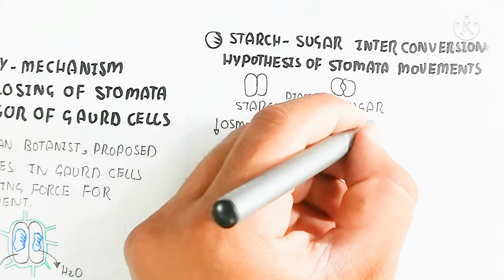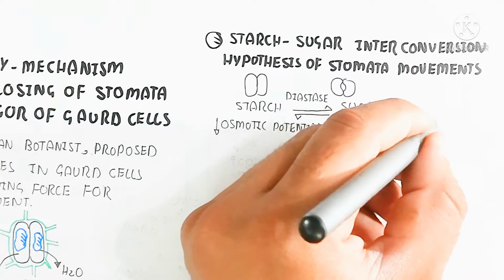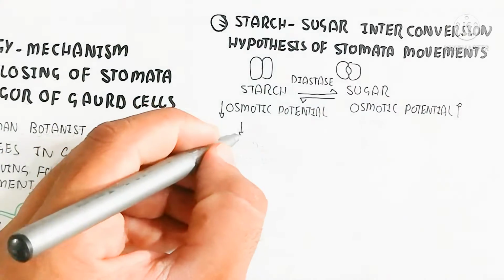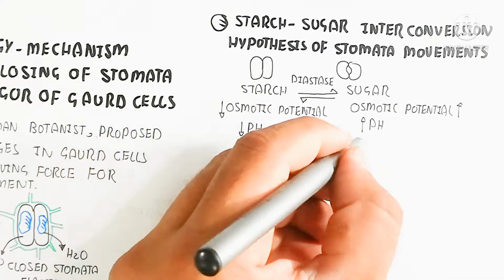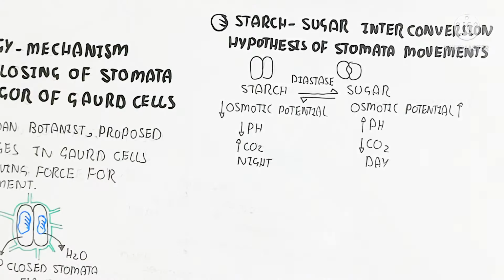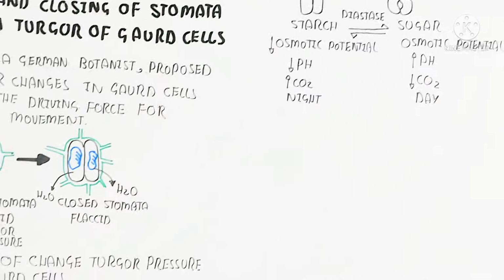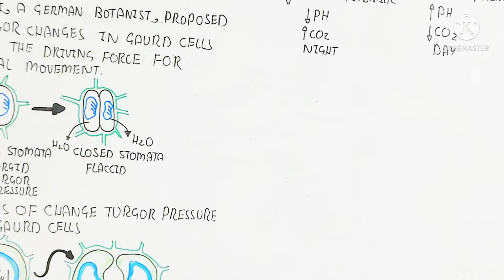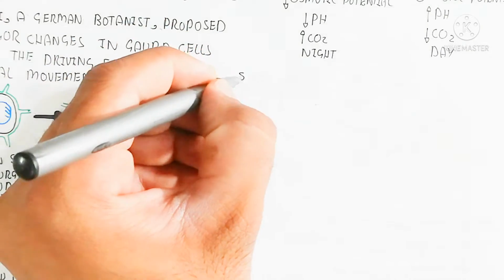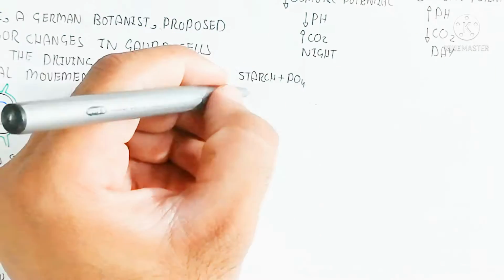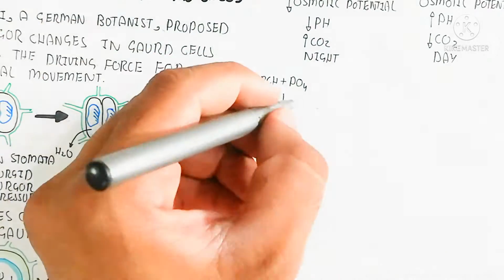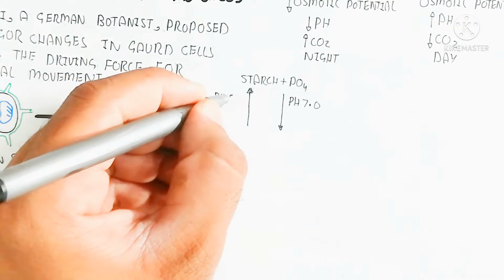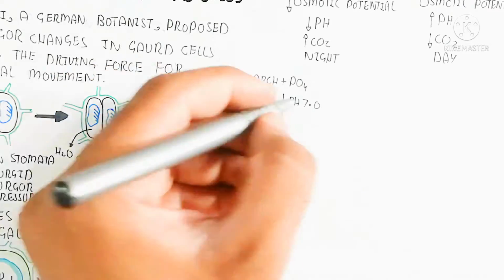During the night time, when the pH drops and carbon dioxide increases, this leads to starch synthesis. While the sugar conversion happens when the osmotic potential increases during the daytime, the pH increases, meaning more basic, and the carbon dioxide decreases, so the carbonic acid formation decreases.